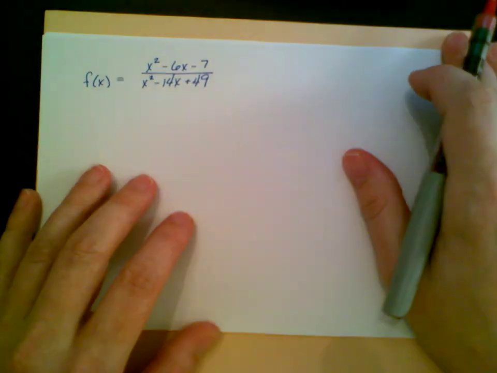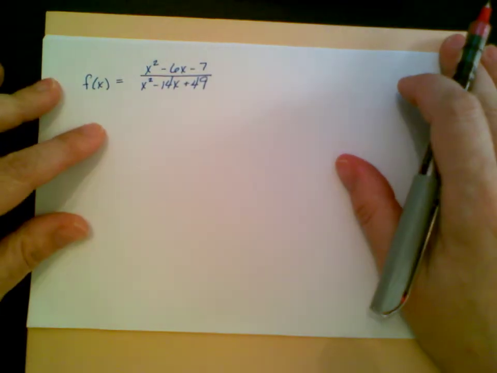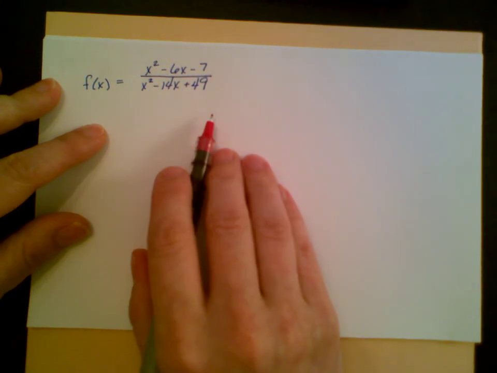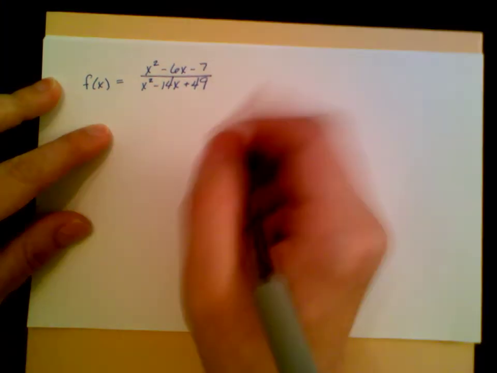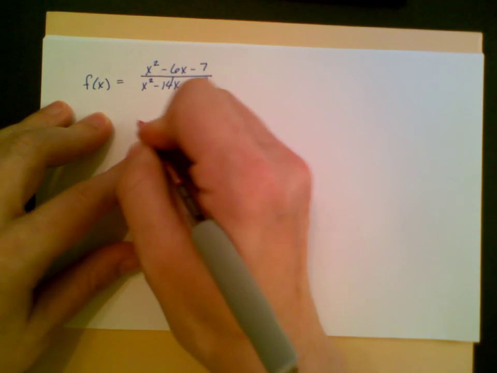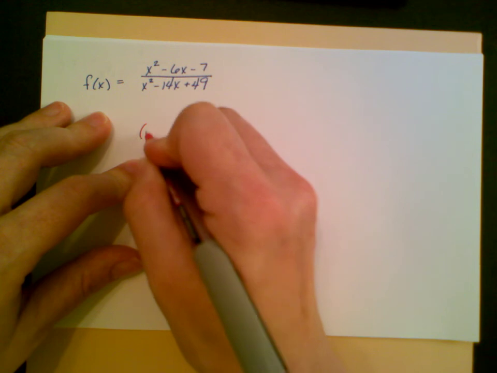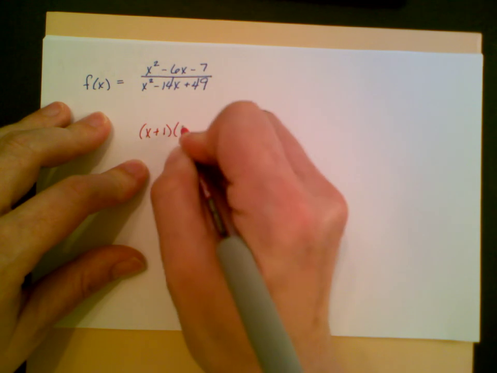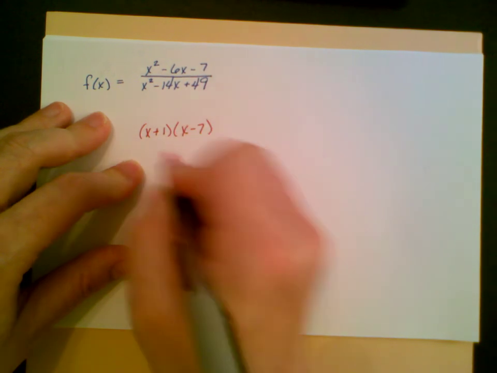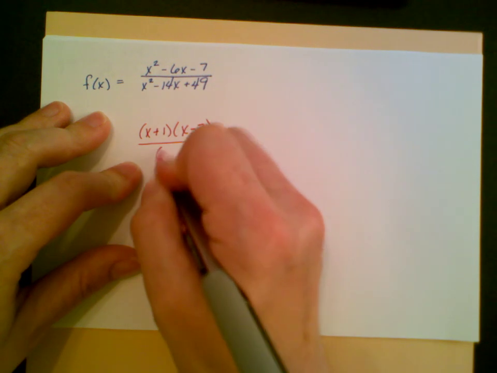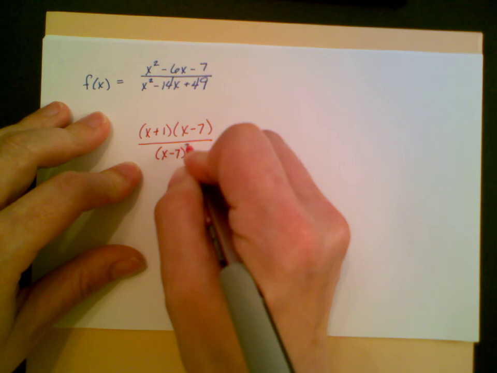I need to find and classify the discontinuities here. Now I know that this is going to mean that I'm going to just factor everything, so I'm going to do that all at once. The numerator factors as x plus 1, x minus 7. The denominator factors as x minus 7 squared.